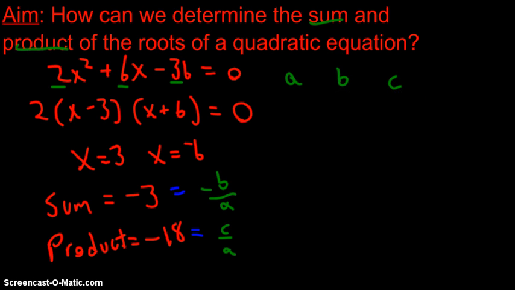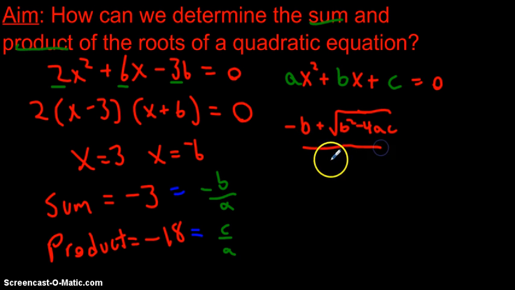So if we take the standard form of a general quadratic equation, the roots of that will be equal to: one of the roots will be negative b plus the square root of b squared minus 4ac over 2a, and the other one, which we're going to add to it to find the sum, will be negative b minus the square root of b squared minus 4ac, also over 2a.